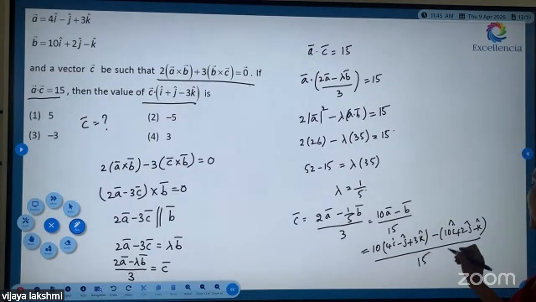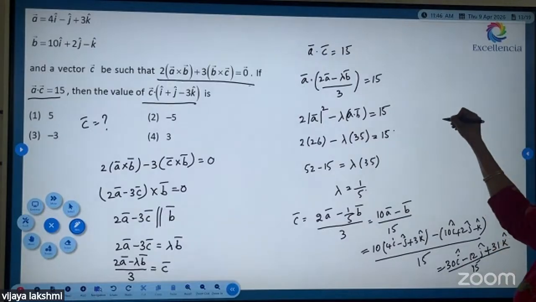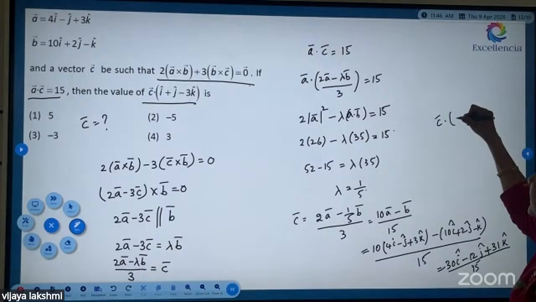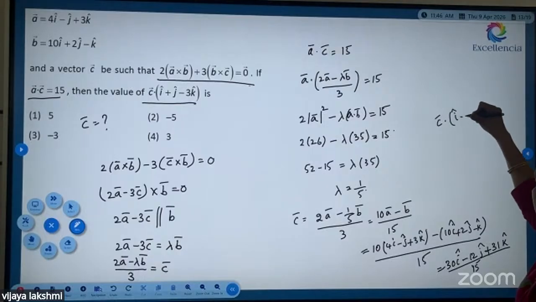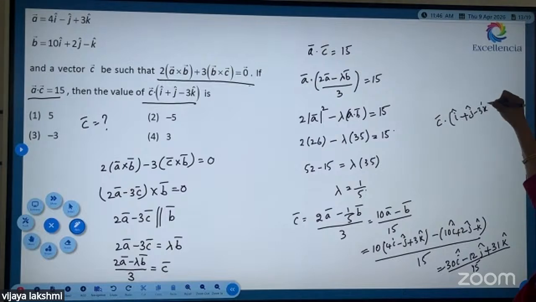Here 40, 40 minus 10, 35 i cap minus 10j minus 12 j cap, here 30 plus 1, 31 k cap, by 50. Now this vector you dot with i cap plus j cap minus 3k cap, as they are asking.